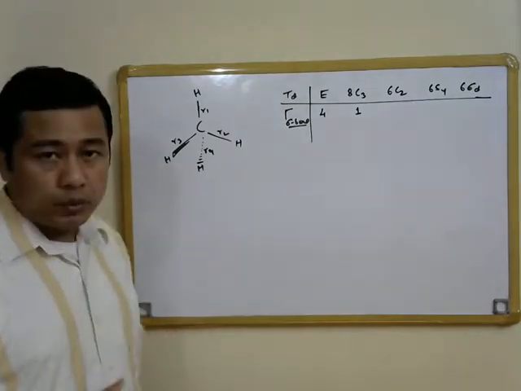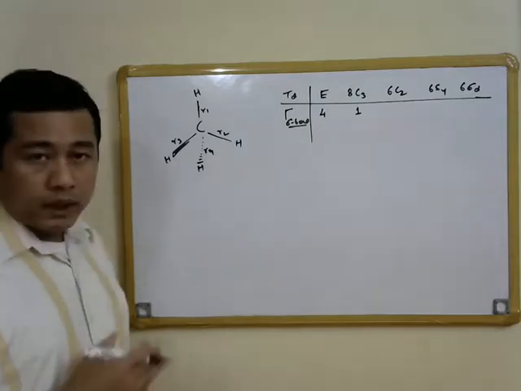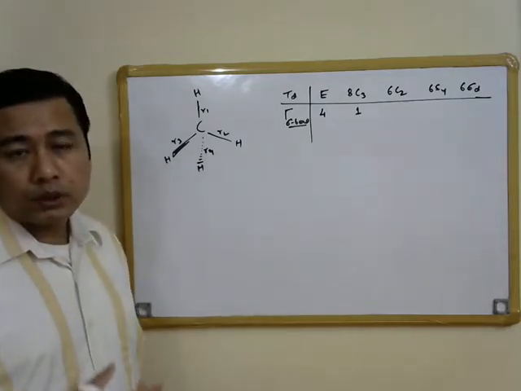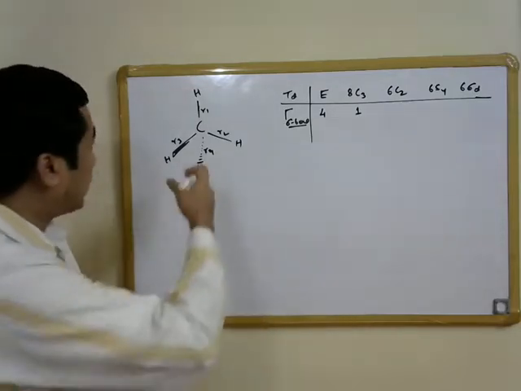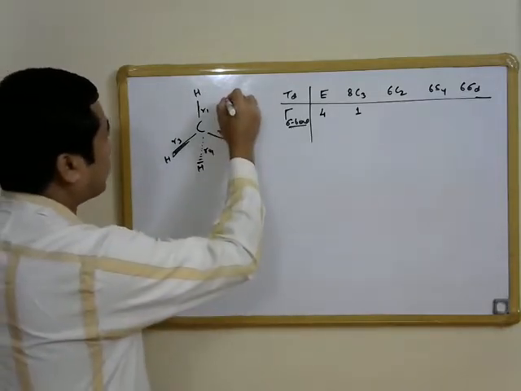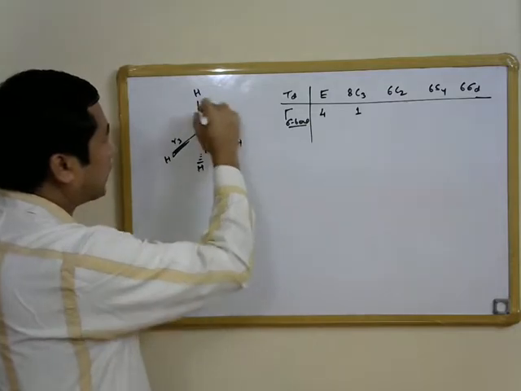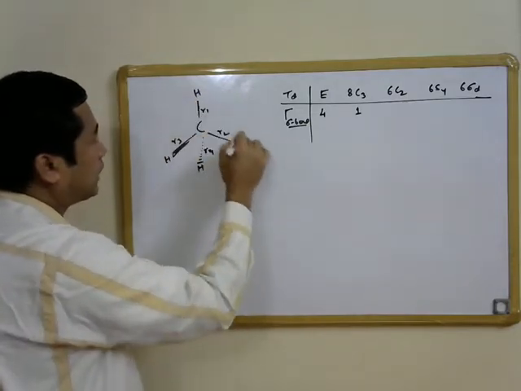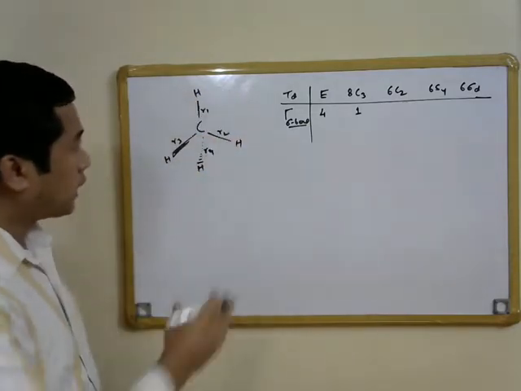Now when we do C2 operation, the C2 axis in the tetrahedron does not pass through any of these CH bonds, because the C2 axis will bisect the HCH bond angles.